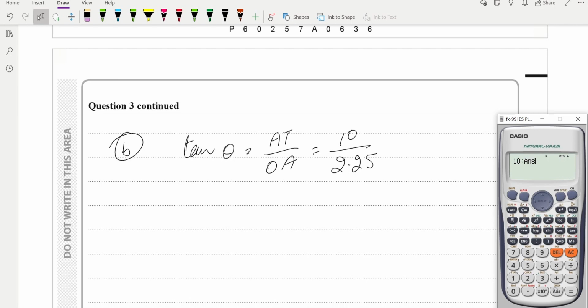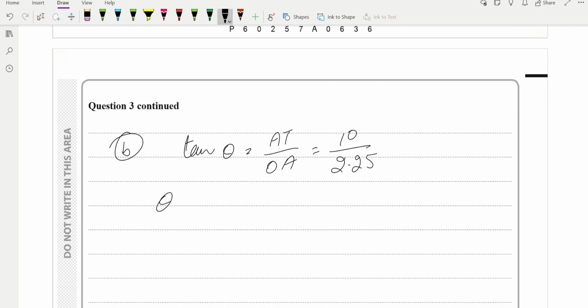Basically we have to calculate theta. So we can write theta is equal to tan inverse of 10 over 2.25.